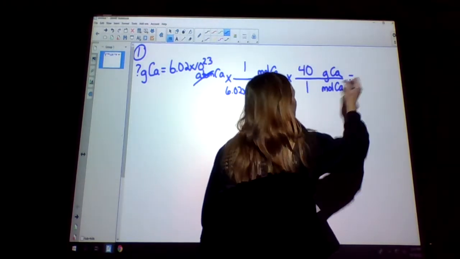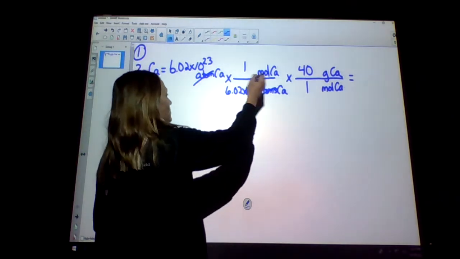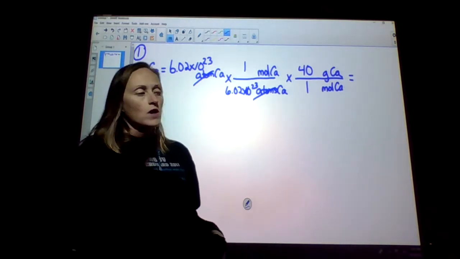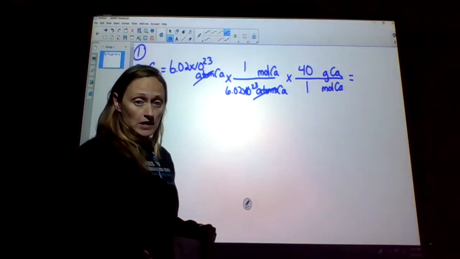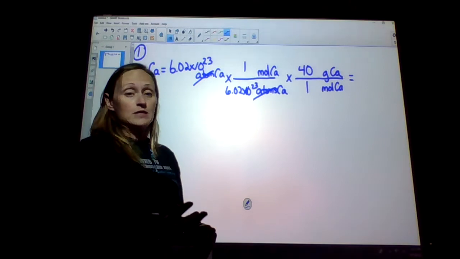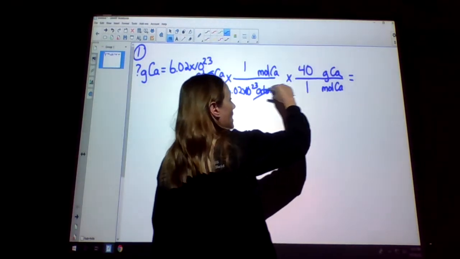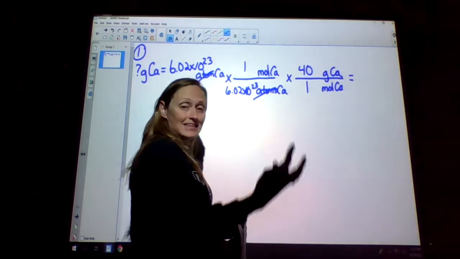Now, I know looking at this, your numbers will cancel out, but not all of them are going to cancel out for you. So I want to show you how you mathematically would calculate these. You multiply everything on top, you multiply everything on bottom, and then divide.